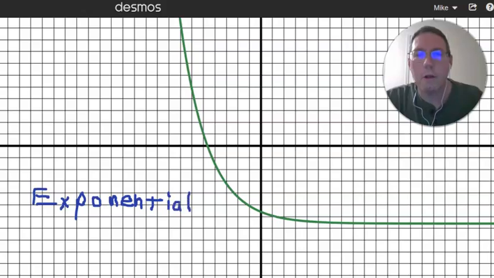Okay, this one's exponential, but because it's flat on the right and steep on the left, this one's negative. Okay, and so really it just depends on which side the steep is. If the steep part is pointing towards the negative side of the plane, then it's an exponential negative. If the steep part is pointing on the right side of the plane, then it's exponential positive.